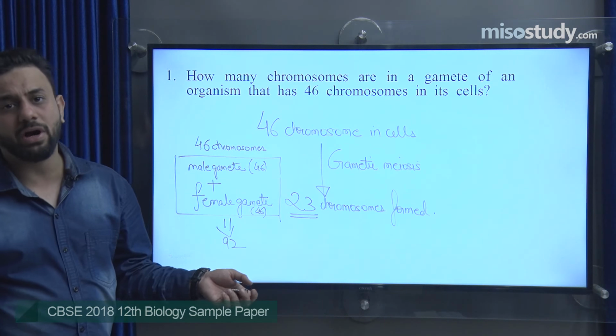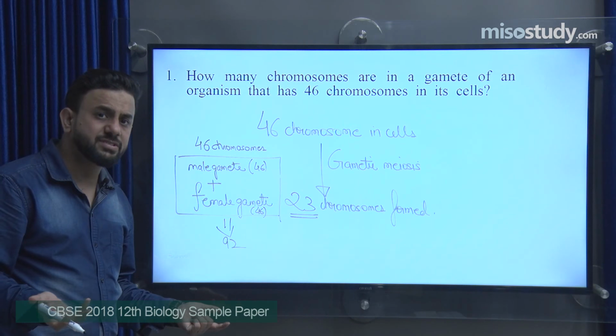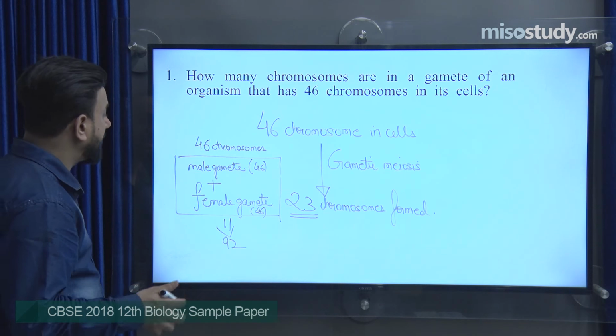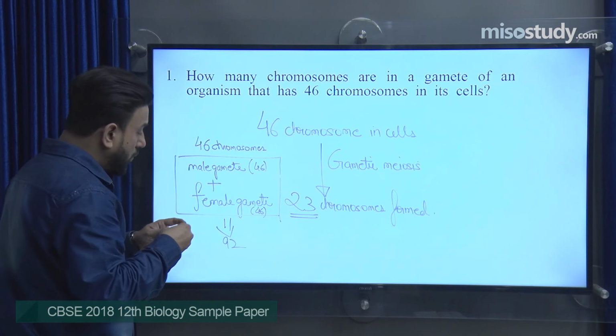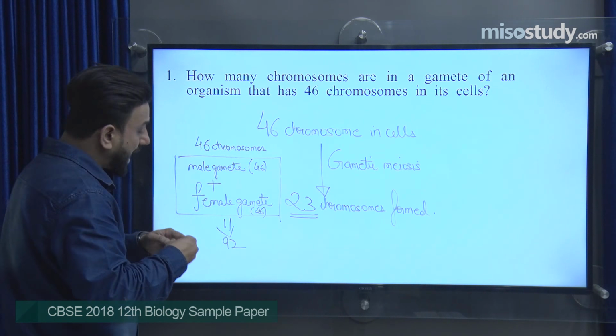That becomes null and void, that holds no significance. That is why when the gametes are formed, this should get reduced to 23, and this also should get reduced to 23, and hence the whole thing should now become 46. So I hope you understood.